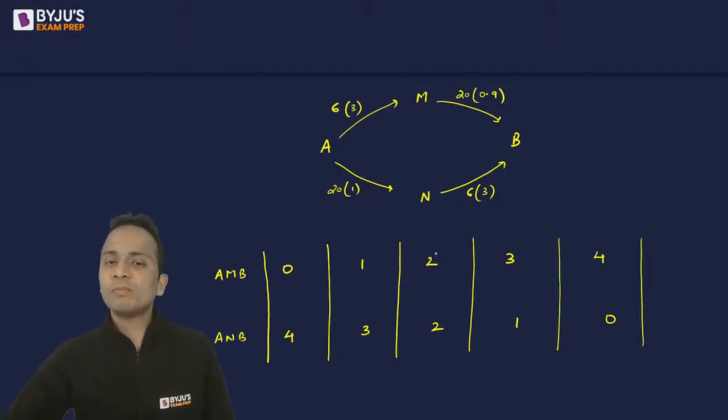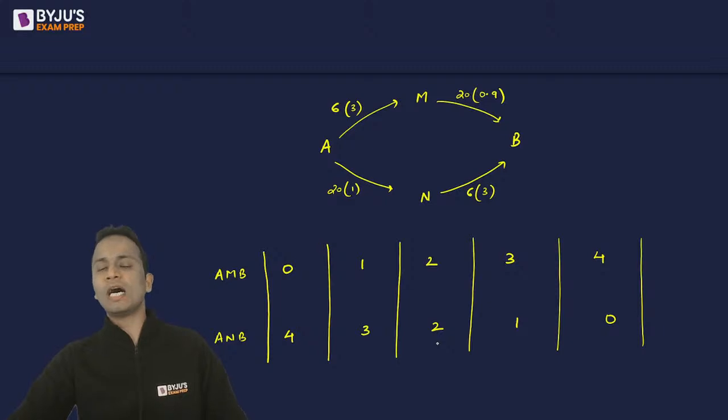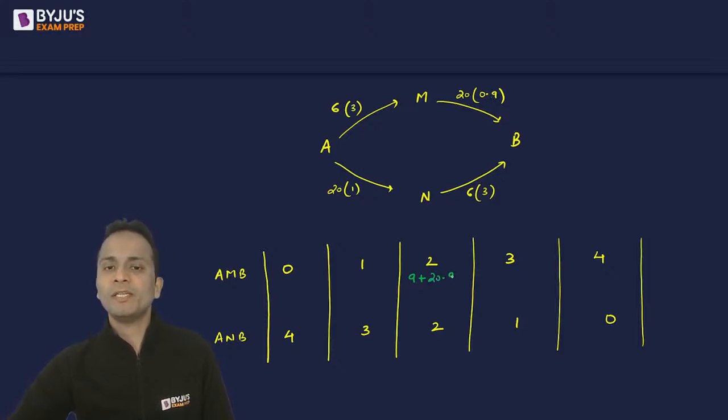Now I'll start from the middlemost case, when 2 cars are traveling from the first route and 2 cars from the second route. If two cars travel from the first route, the time taken will be 6 plus 3, 9 minutes, plus 20 plus 0.9, that is 20.9 minutes.